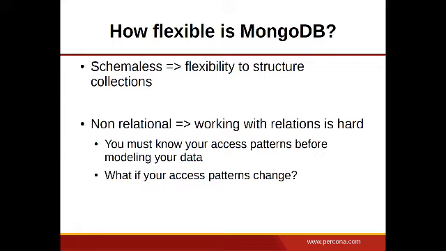I mentioned in the introduction that one of the goals of MongoDB was to be flexible regarding the schema. Well, that's true because it is schemaless, but that's not true because it's non-relational. So you have to think beforehand of a schema, and when it's done, if you want to query your data in a different way, it doesn't work.